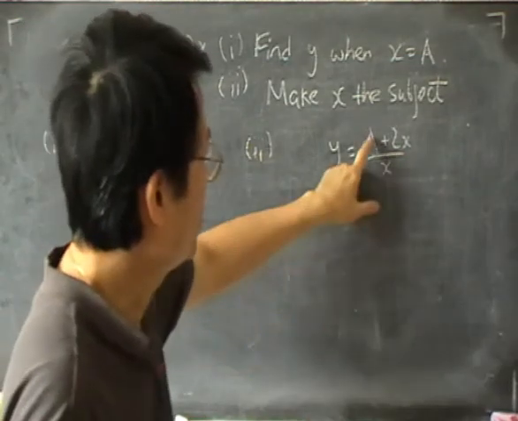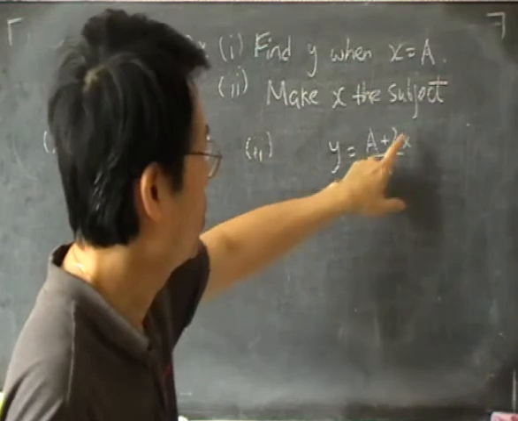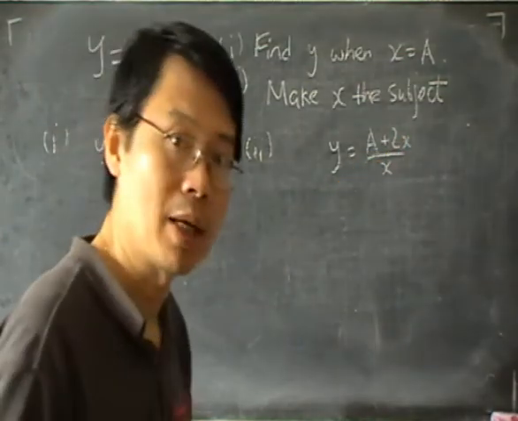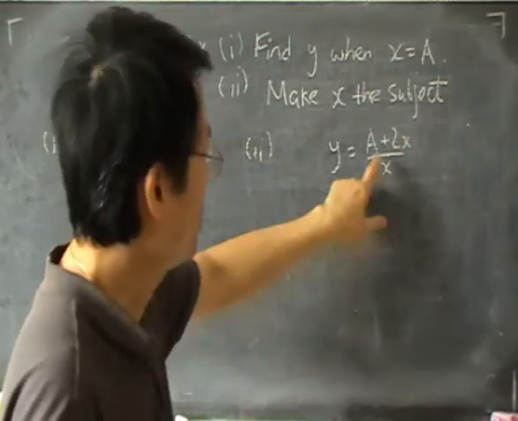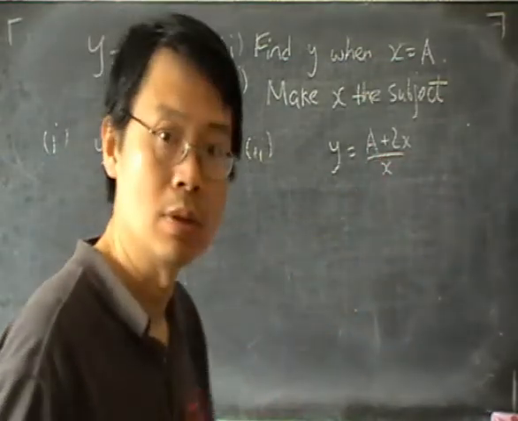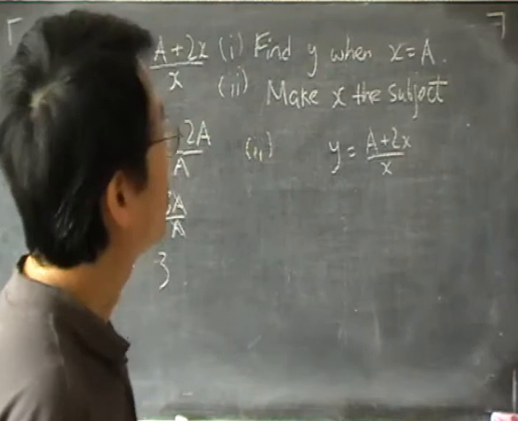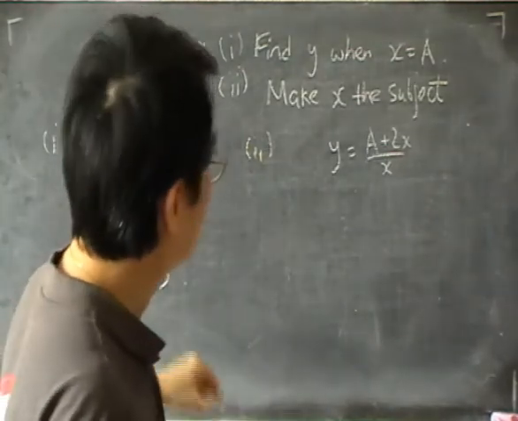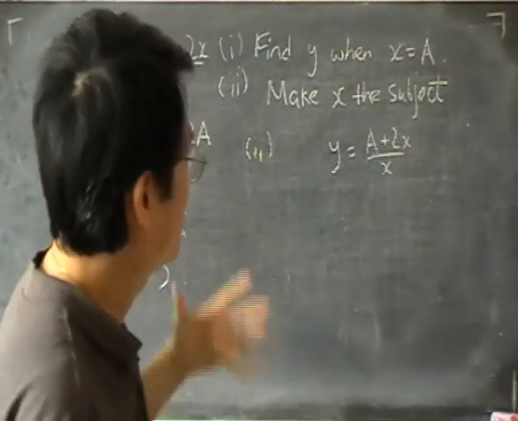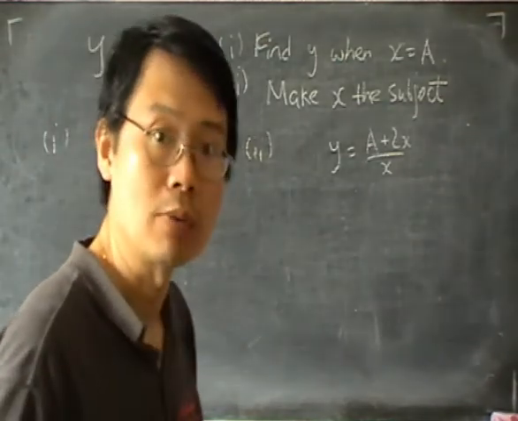One way is to divide each of these terms separately by x. The other way is to get rid of the bottom part, the denominator of the fraction. So these are 2 ways to simplify it and rearrange it.